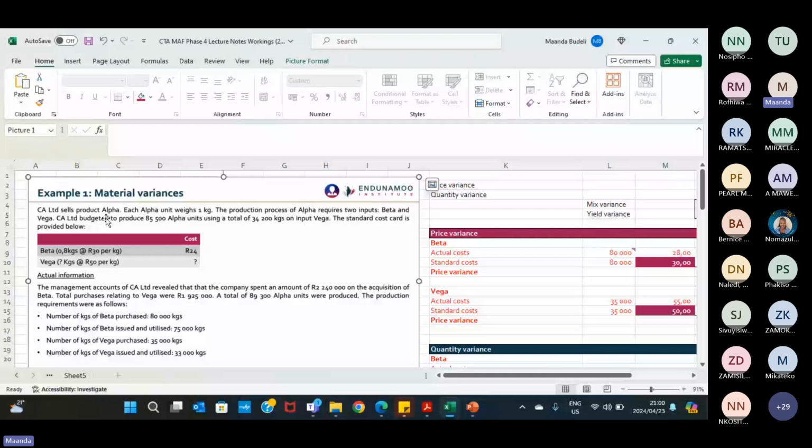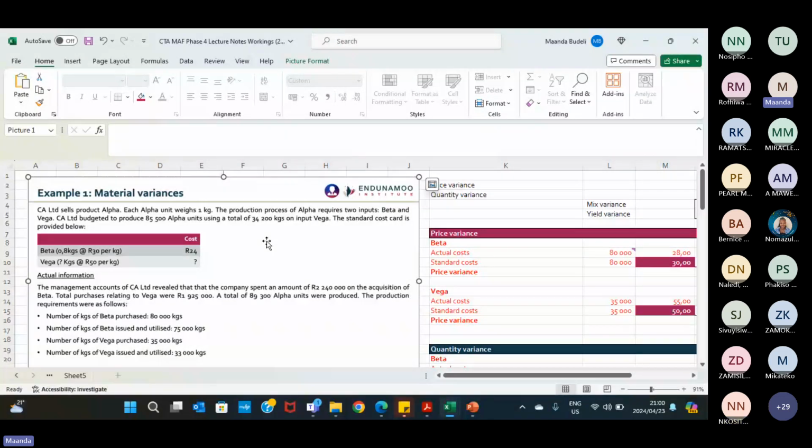And here I'm being told that CA budgeted to produce 85. So this is the total unit that I've budgeted. And I budgeted using this, which is 34,200, meaning I can't just say 1 minus 0.8 to get 1 exactly. I still need to do this calculation and get the right amount, because maybe they were just rounding it off to 1, the 1.2.